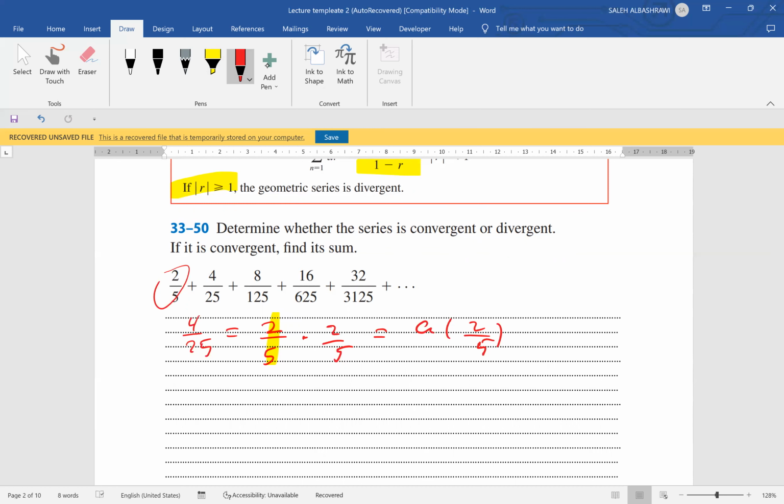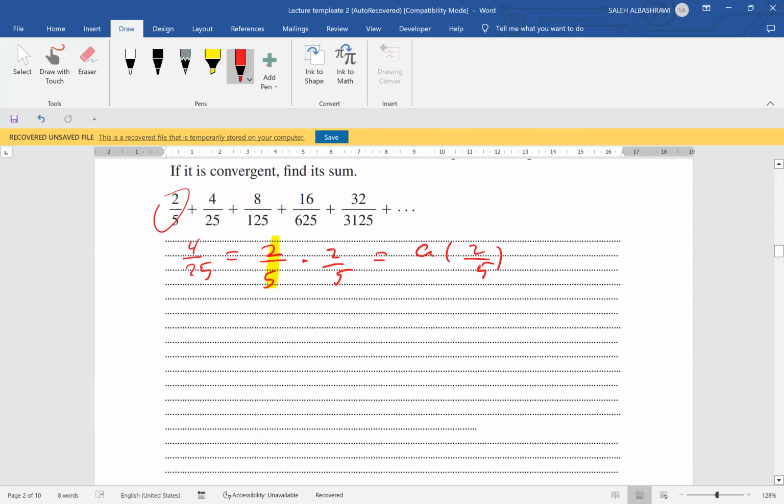The third term, which is 8 over 125, is equal to 2 over 5 multiplied by 4 over 25. So it is A multiplied by 2 over 5 to the power 2.